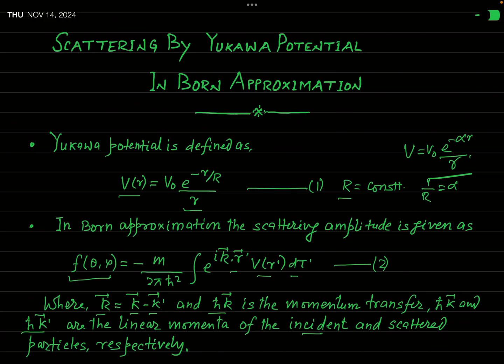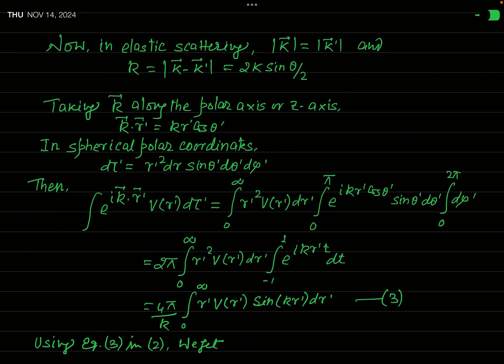So h bar k minus h bar k dash, which is h bar kappa, is the transfer of momentum from the incident particle to the scattered particle. Now we will evaluate this integral in a spherical polar coordinate system.